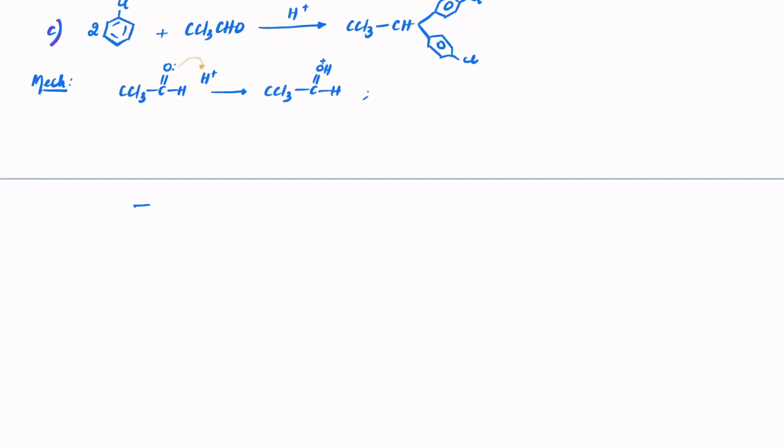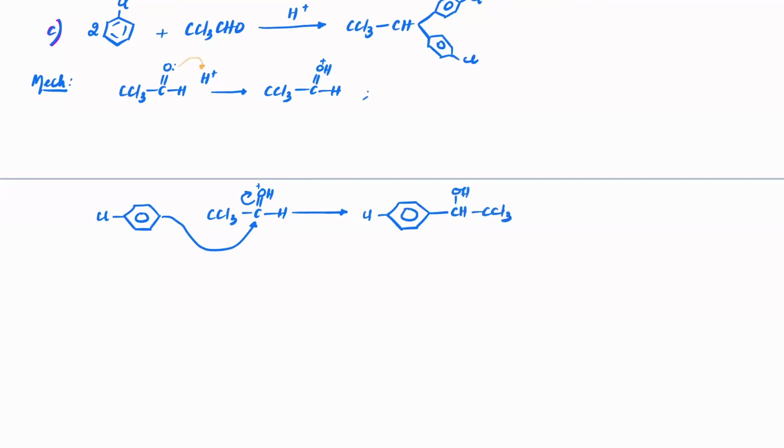Hence, chlorobenzene from the para position will attack on that carbon. This bond will move, and that will make the first substitution. So we have chlorine with CHOH and CCl3. This is the first product formed.